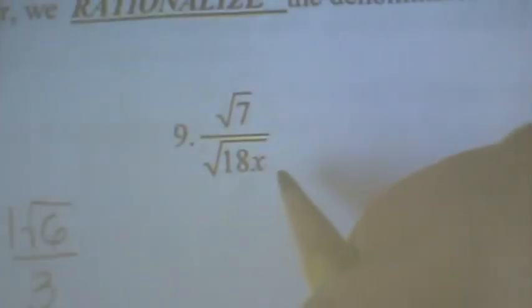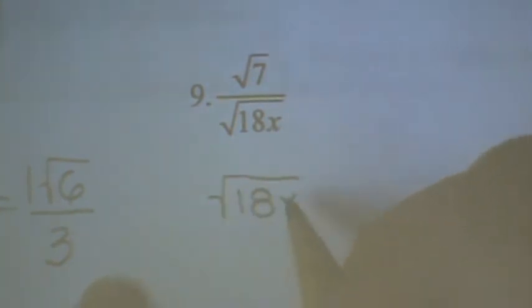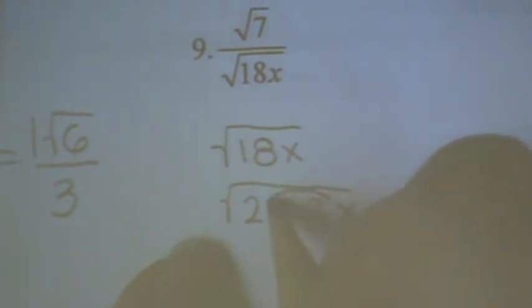Off to the side here, if you thought about the square root of 18, 18 is 2 times 3 times 3 times x. We can yank out a 3. Does everyone see that?